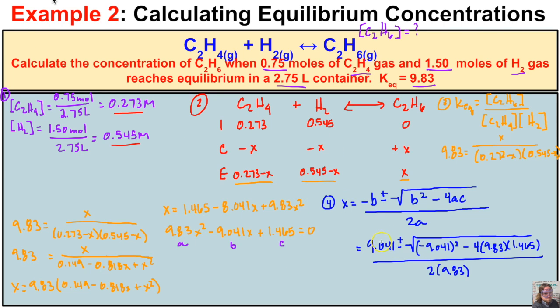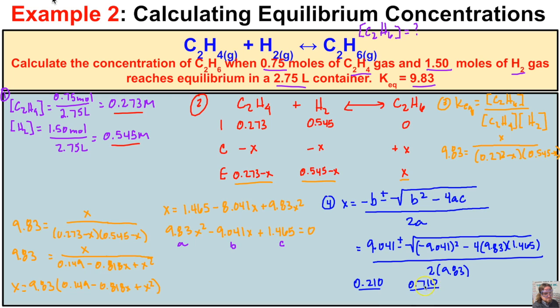And so when we put this in our calculator, we're going to end up with 2 answers because we have plus and we have minus. We're going to end up with a final answer of 0.210, and a final answer of 0.710.